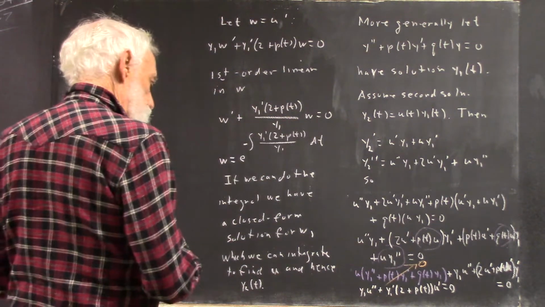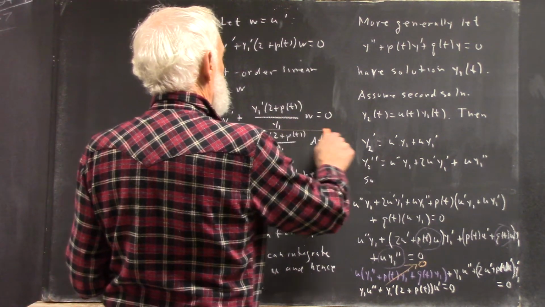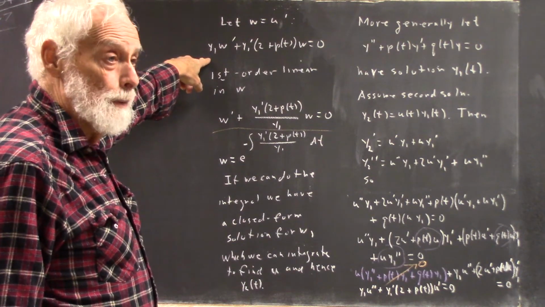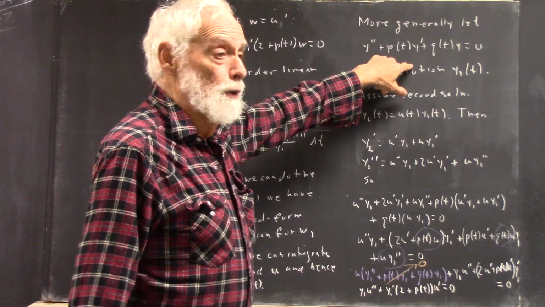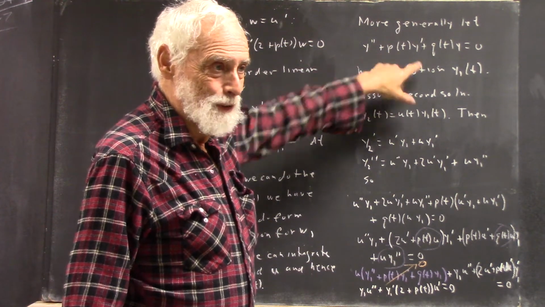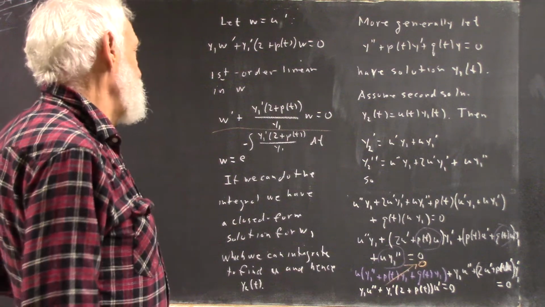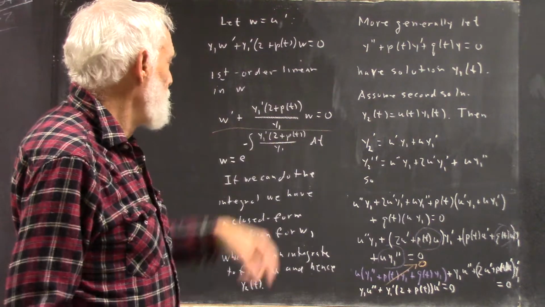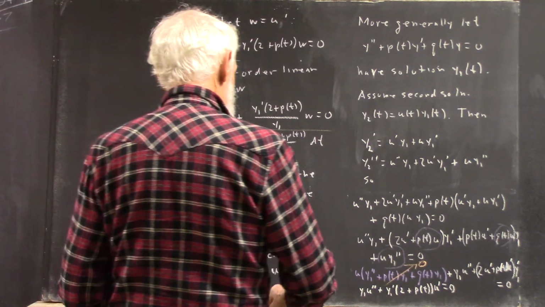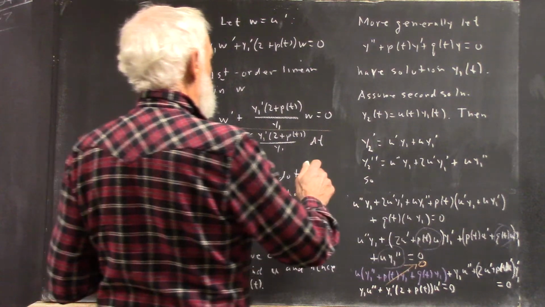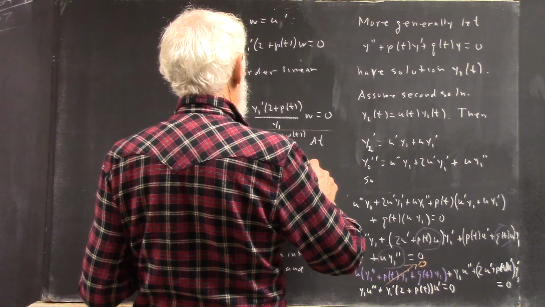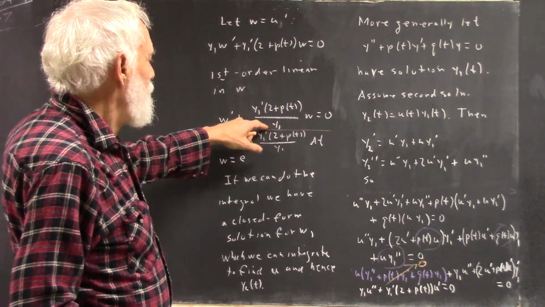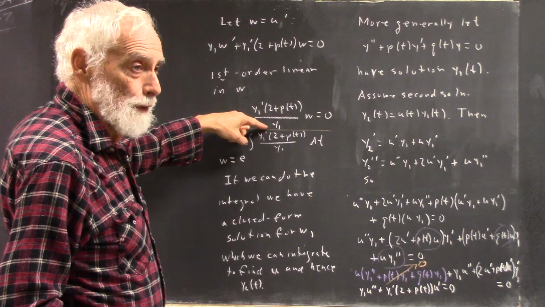We divide by y1, and we can do that because y1 is a solution to this equation and it's not 0. Now, technically it could be a function that might equal 0 at some point, and if it is, we ought to note that the domain of this equation is all t such that y1 of t is not equal to 0.